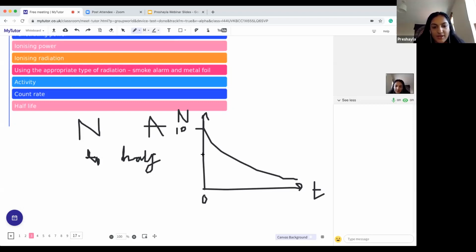We want to find the time that it takes to get to 50 nuclei, or for the nuclei to be halved. And therefore, draw a line across to our decay curve and a line down, and we might find that it takes 10 seconds. So the half-life is 10 seconds because it takes 10 seconds for the number of nuclei to half.